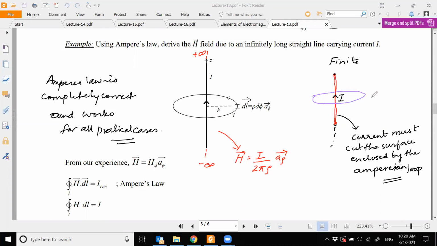It is not just the ring where you just enclose it. You also have to make sure that your current cuts the surface which is enclosed in the ring. Now, Mr. Nawaf Al-Saleh, can you tell me how many surfaces are enclosed in this purple ring? I showed you one surface, which is yellow in color.